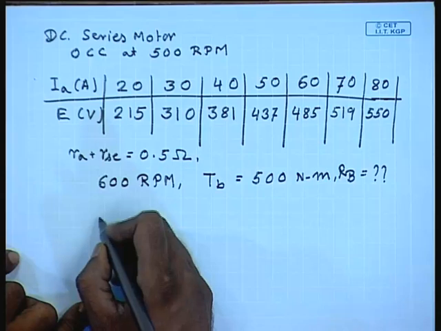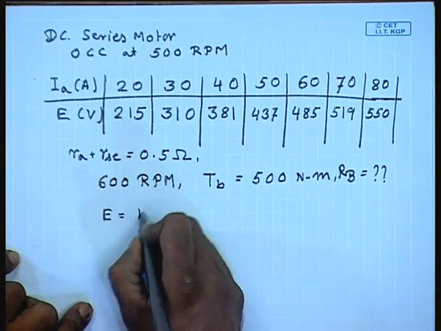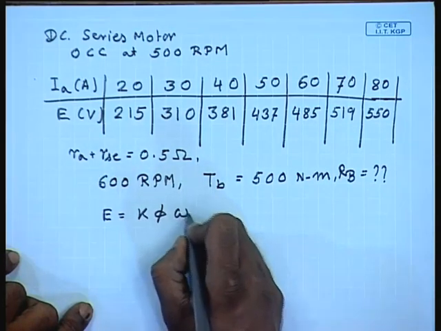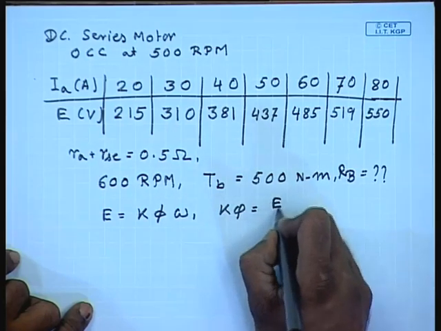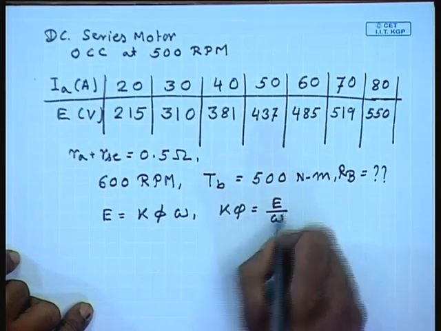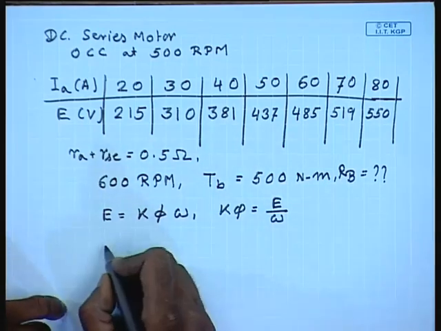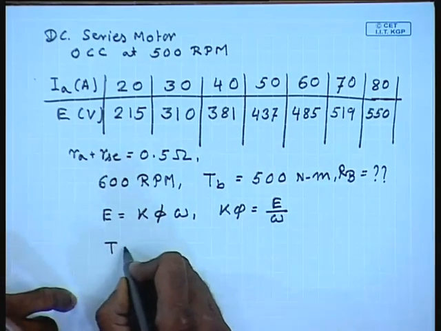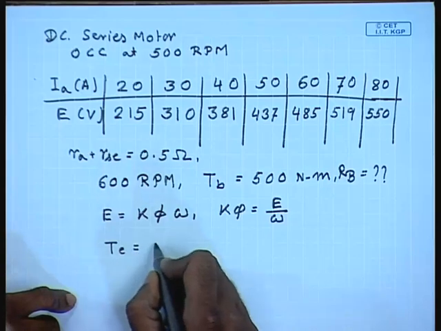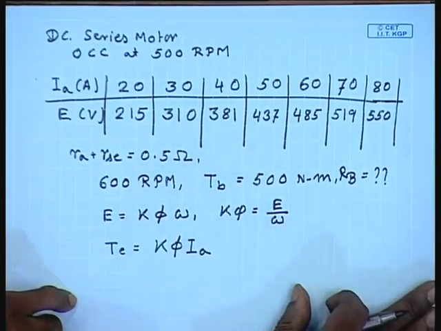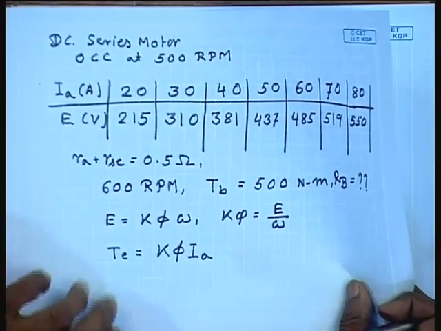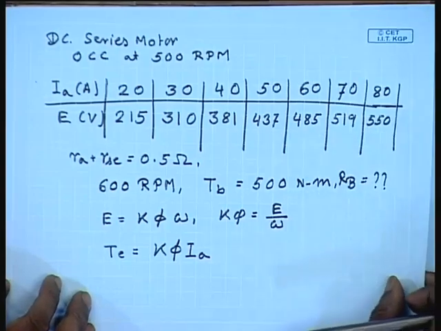We know that E equal to k phi omega or k phi equal to E by omega. Also, T E equal to k phi I A, even when we consider saturation. So, from the given OCC data we can find out K phi and torque for different currents.